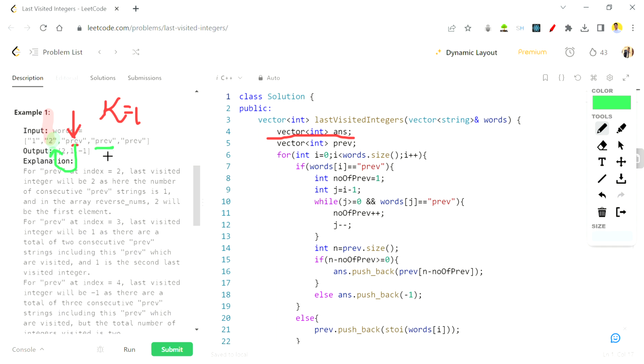For the next previous I can see there are two consecutive previous, so k equals 2 in this case, and I'm going to see which is the second last integer. For this previous, the second last integer is, first is 2, next is 1. So the answer is 1.